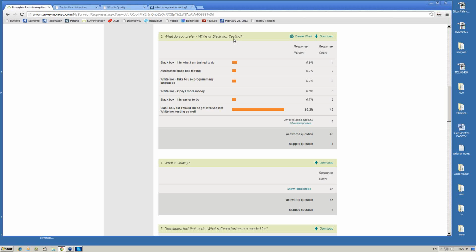Number two, each and every company hires you not because of something you did, which is important, but because of what you want to do in the future, because your employment with them is in the future. They might have some opportunity to move into white box, for example.